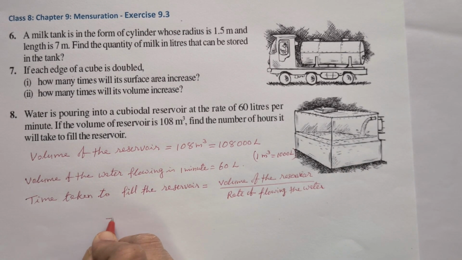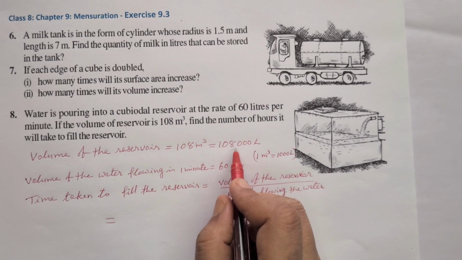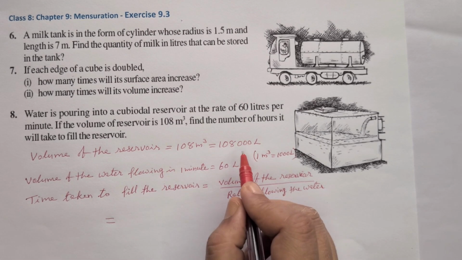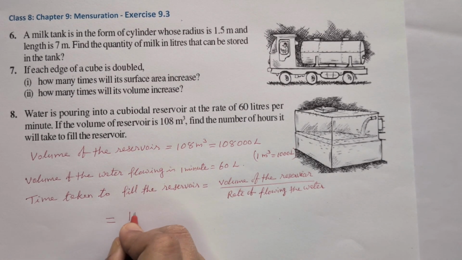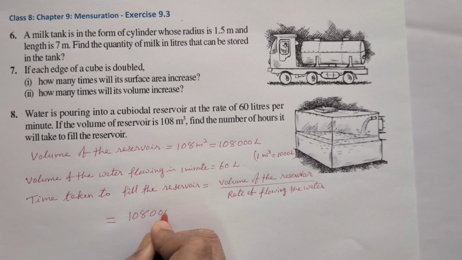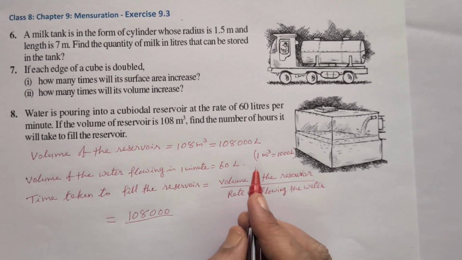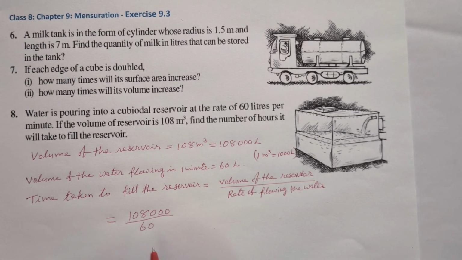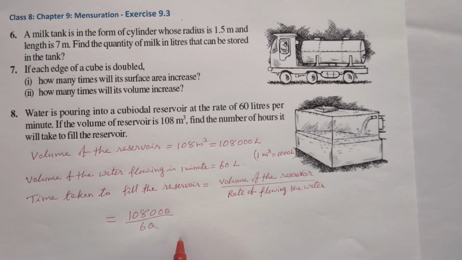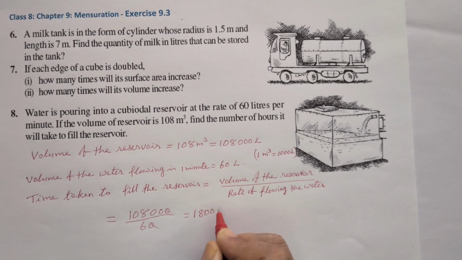The volume of the reservoir is 108 into 1000 liter, and the rate of water flow is 60 liter per minute. So divided by 60, dividing by 10 and by 6, we get 1800 minutes.